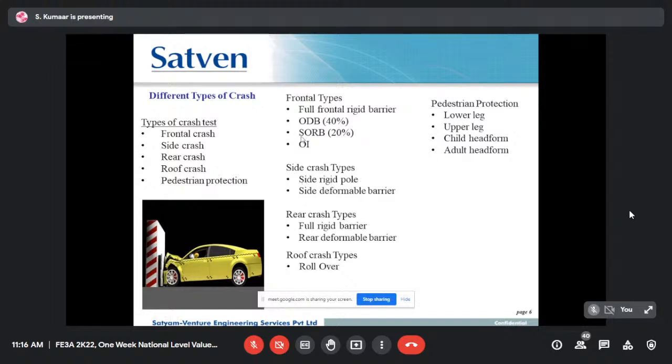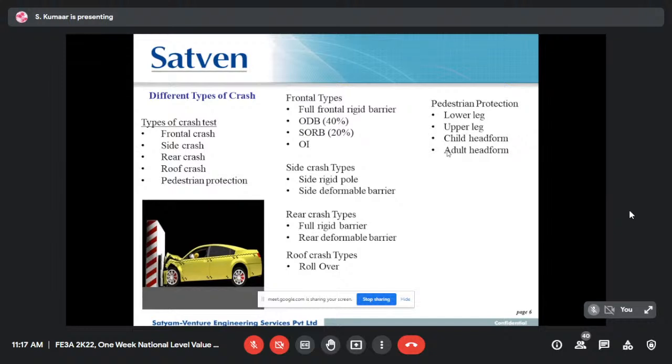For rear crash types, we have rear rigid barrier and rear deformable barrier. For roof crash, rollover. For pedestrian protection, we have lower leg, upper leg, child head form, and adult head form.